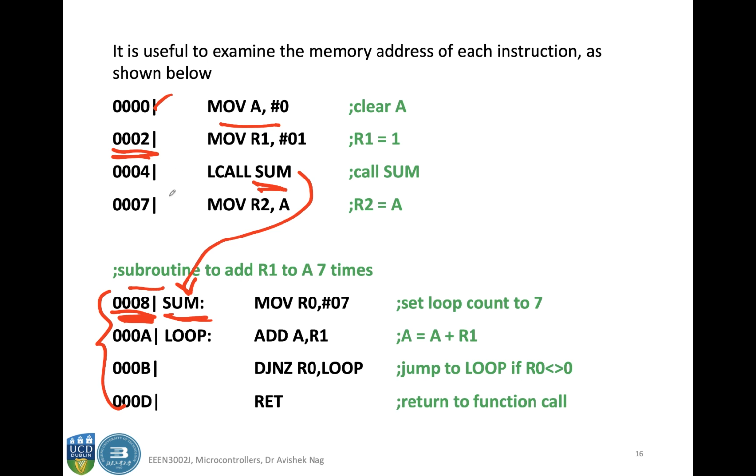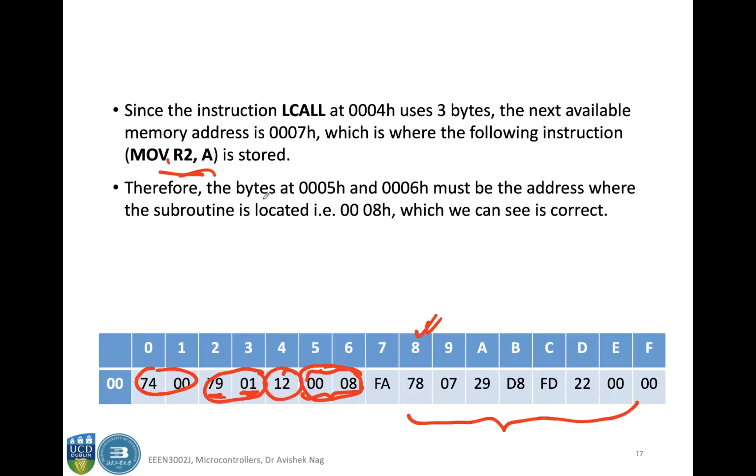But here in the main code, after the LCALL, LCALL is a 3-byte instruction, the opcode and the 2 bytes to denote the subroutine. So after this line, you have this line which is 0007, 3 bytes after 0004, that contains the next line which is MOV R2, A.